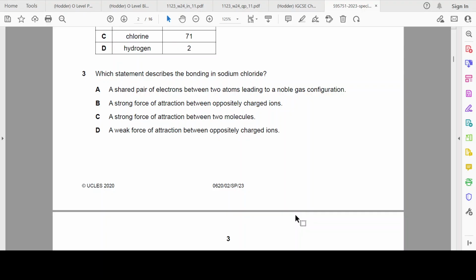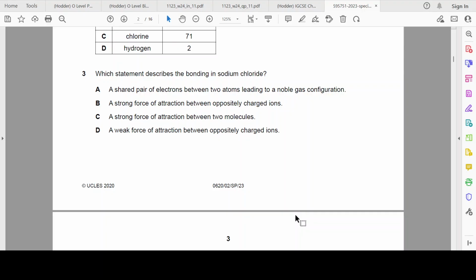Sobia, which one do you think it is, B or D? She's not there at the moment, I guess. So yes, Haram, either B or D, but which one is it really? Because only one of them. D. It's sodium chloride. Ionic compounds have strong electrostatic forces of attraction.